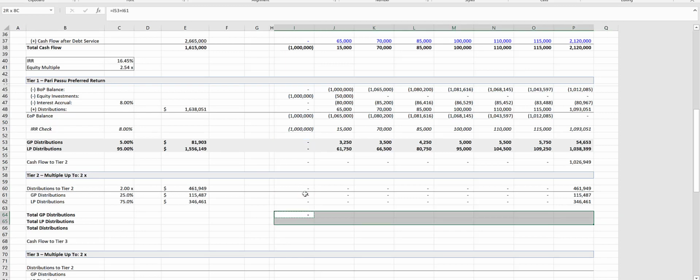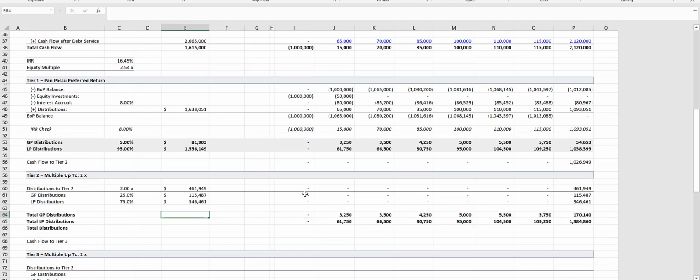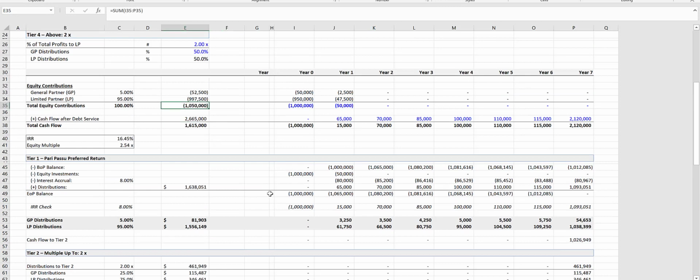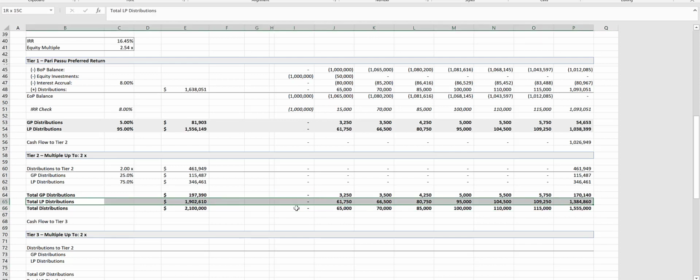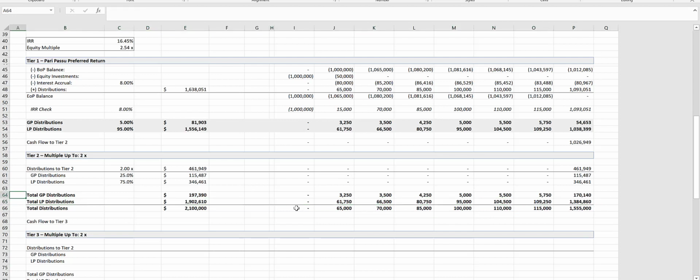And we can copy this down and across, and those are our total distributions by partner so far up until the end of tier 2. And our total distributions, 2.1 million, which is 2 times the 1,050,000 right here. There we go.